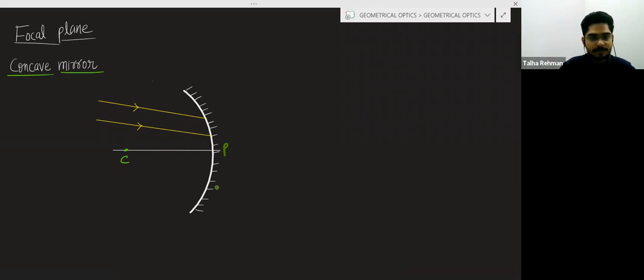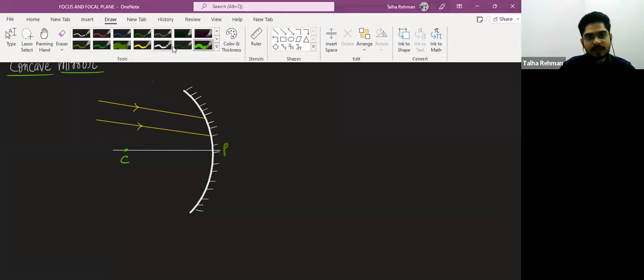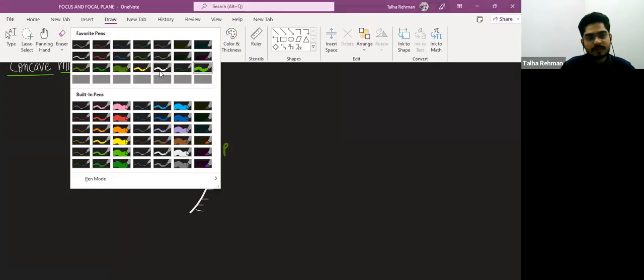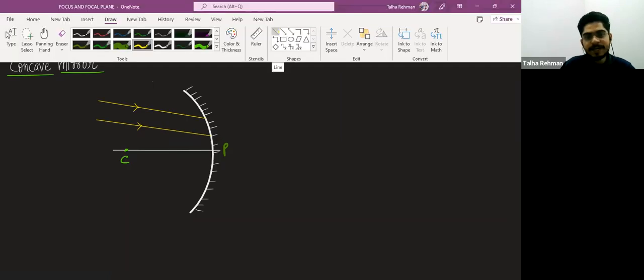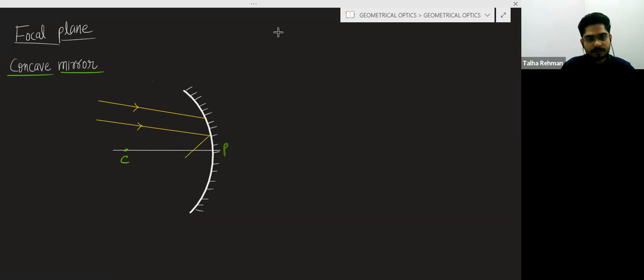Now what will happen? These parallel rays after reflection will meet at a point. Suppose here these rays are meeting at this point.